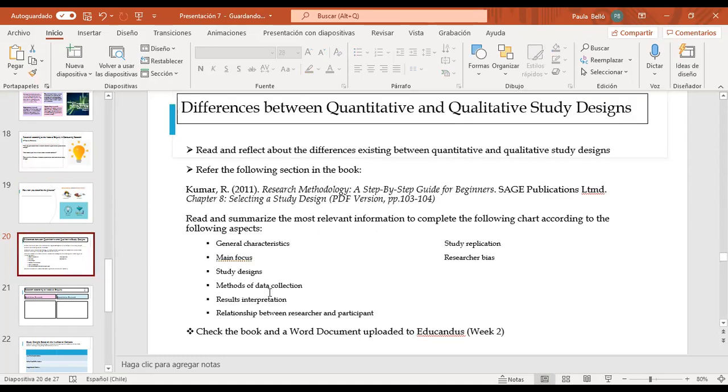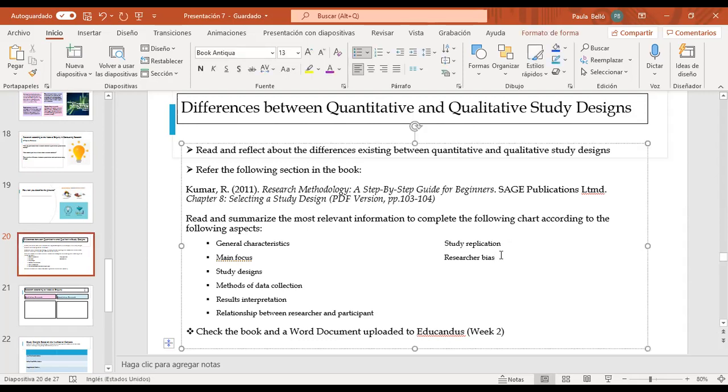The study designs, characteristics of them, methods of data collection, results interpretation, relationship between researcher and participant, study replication, and researcher bias. Bias is in Spanish sesgo, and it has been written about sesgo, bias, in qualitative and quantitative research. So that is also a topic that needs to be taken into account.